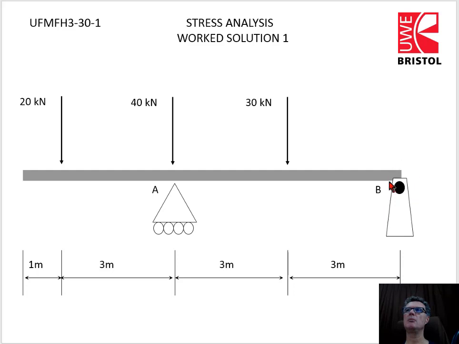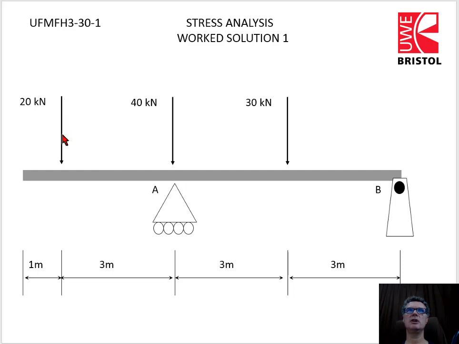Although it doesn't really matter, the general convention is to decide on a sensible coordinate system, and we would assume that is going from left to right for the horizontal, and from bottom pointing up for the vertical.